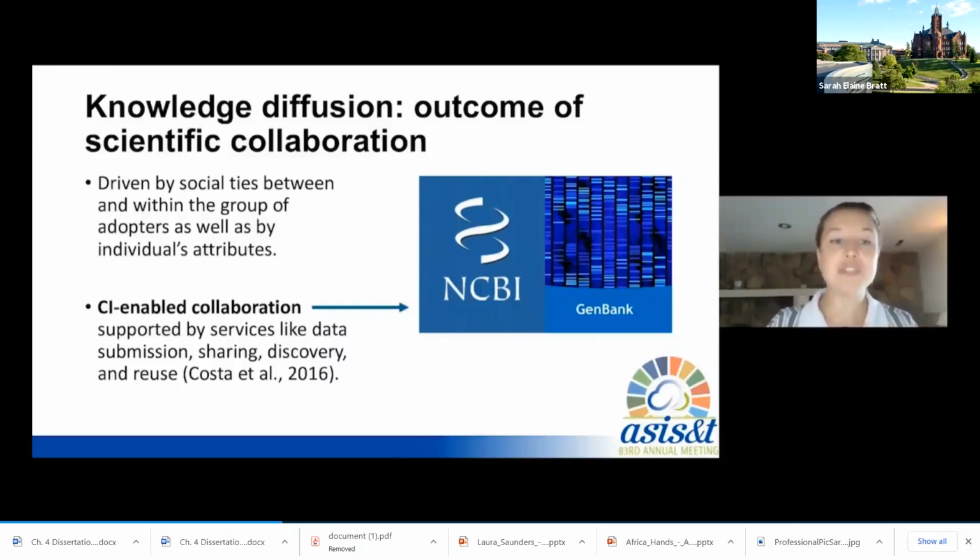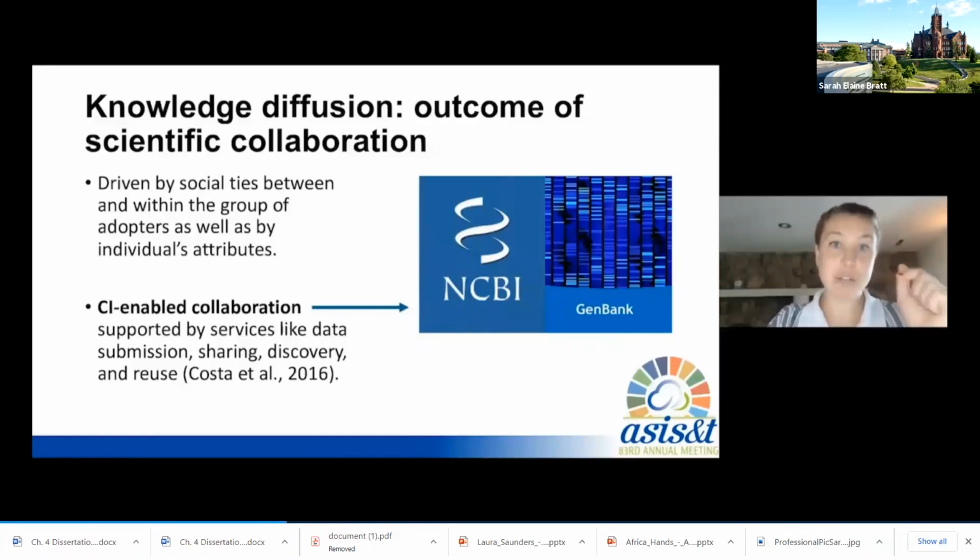Now, a major development in scientific collaboration has been cyber infrastructure enabled collaboration. We have this example here of the National Center for Bioinformatics Research in GenBank, which is this large open research repository in which scientists are depositing their data and have been doing so since about 1982.